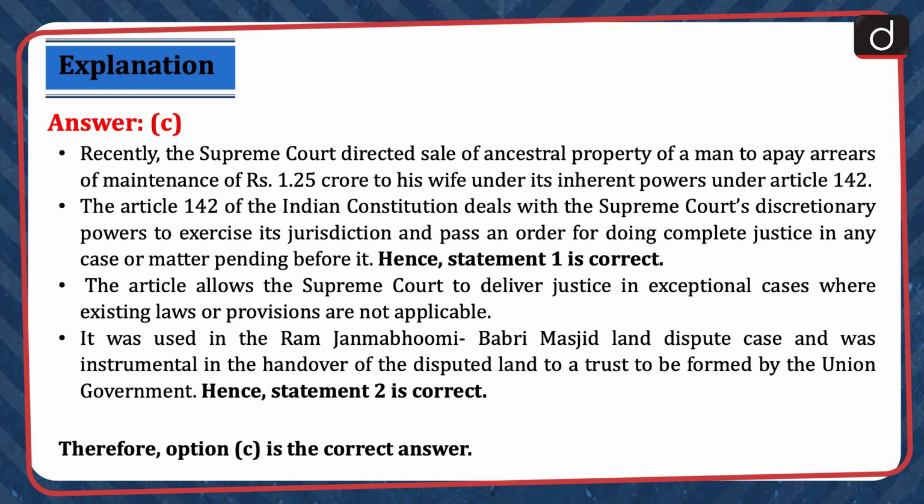Hence, statement 1 is correct. The article allows the Supreme Court to deliver justice in exceptional cases where existing laws or provisions are not applicable. It was used in the Ram Janambhoomi Babri Masjid land dispute case and was instrumental in the handover of the disputed land to a trust to be formed by the Union government. Hence, statement 2 is correct. Therefore, option C is the correct answer.